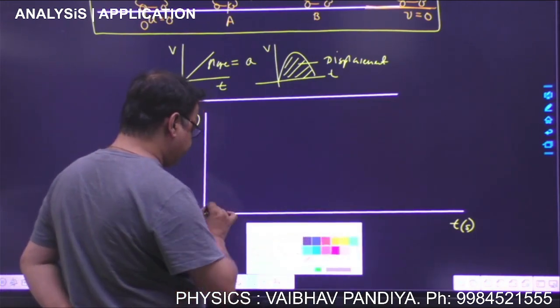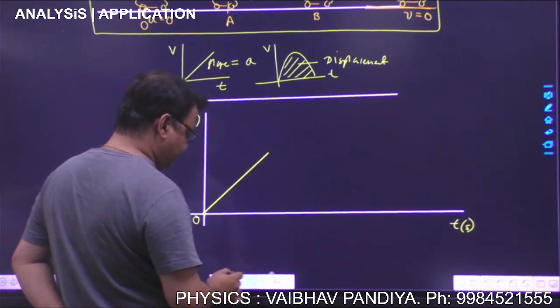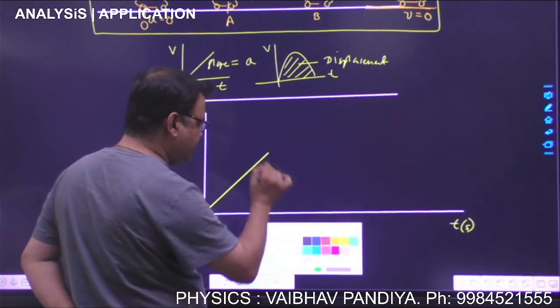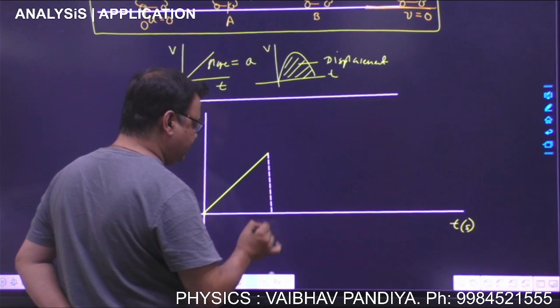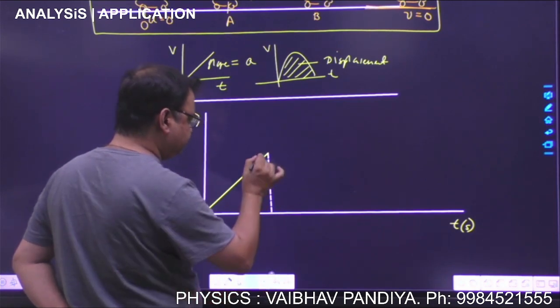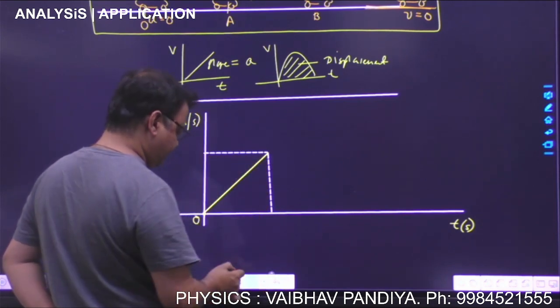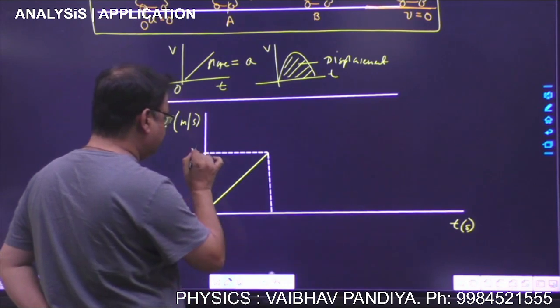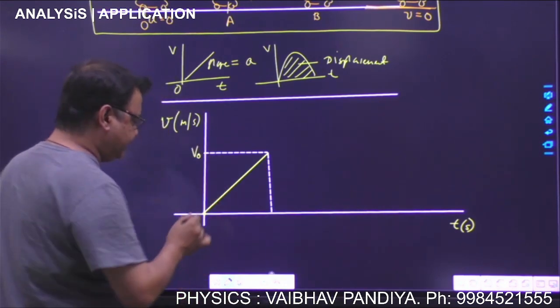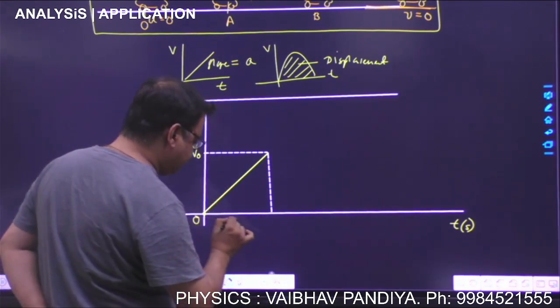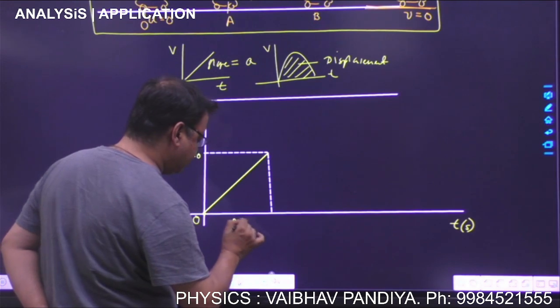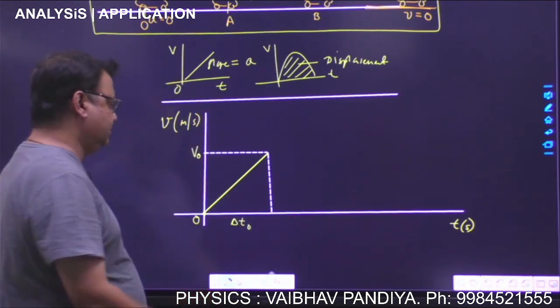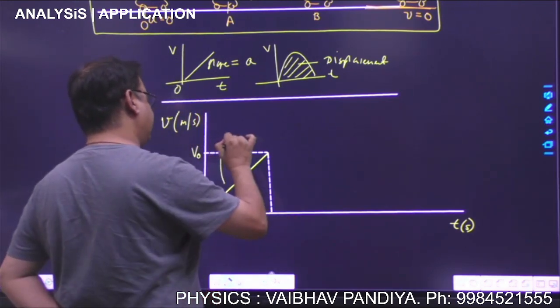Then it is accelerating at a uniform rate. Since the acceleration is uniform, the first segment of the graph will be a straight line going upward. Okay, and say this velocity is V0 and this interval is say delta T0. Okay, this is uniform acceleration.